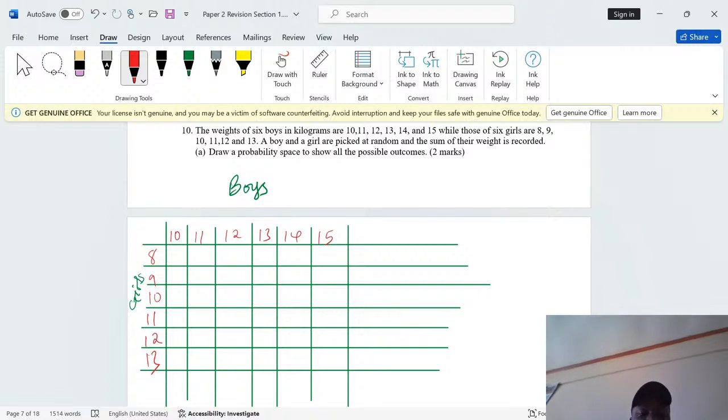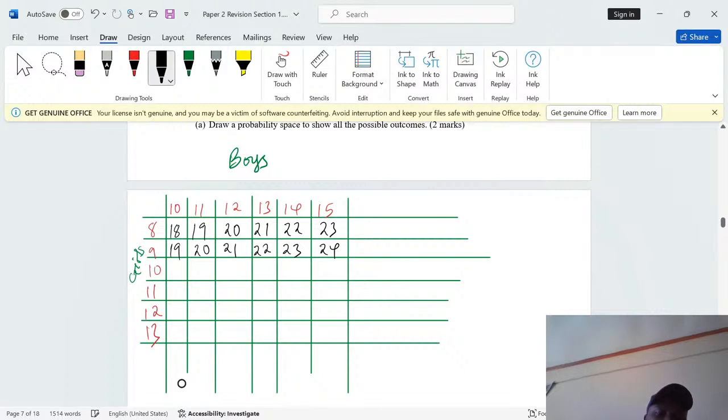So now when we pick the mass of a boy and the mass of a girl and we add, we are going to have possible outcomes. For the first case, it's 10 and 8, giving us 18, 11 and 8, giving us 19, 20, 21, 22, 23. Then in the next, we'll have 9 and 10, giving us 19. The next giving us 20, 21, 22, 23, 24.